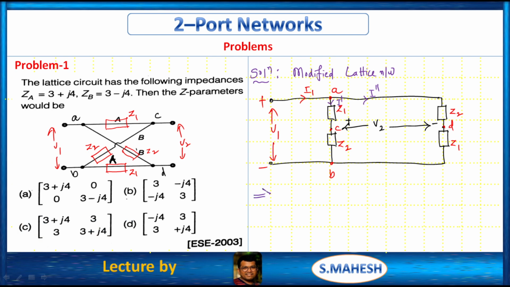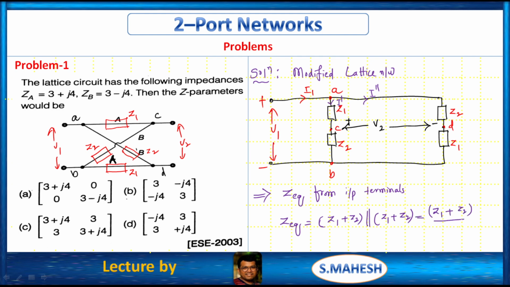First step, Z equivalent from the input terminals. This branch and this branch are connected in parallel. This is Z1 plus Z2, and in this branch also Z1 plus Z2. So Z1 plus Z2 in parallel with Z1 plus Z2 gives (Z1 plus Z2) by 2.